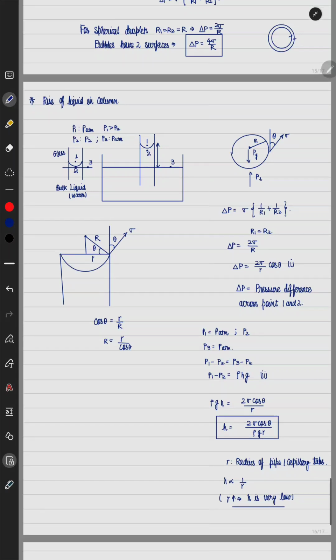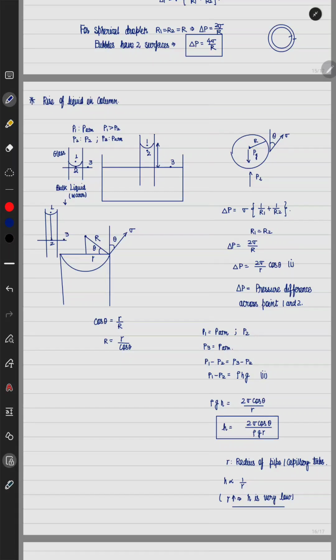So suppose this is how it looks after the liquid rise, this is the surface and it will reach some height here. Now this is point 1, this is point 2, and this is point 3.